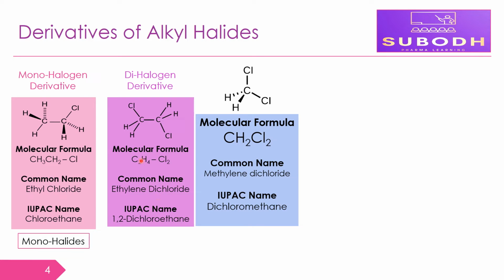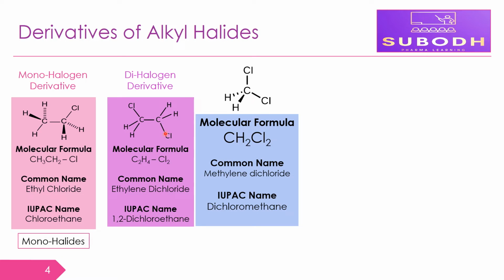See, in the structure of ethylene dichloride, the halogen atom, that is chlorine, is attached to two different carbon atoms. And in the structure of dichloromethane, the two chlorine atoms are attached to the same carbon atom.